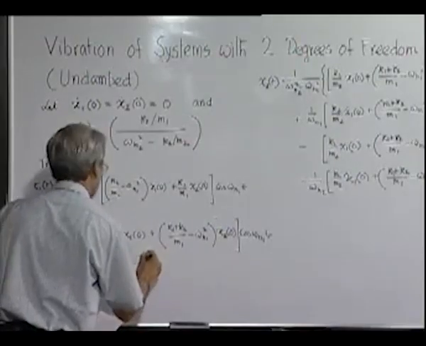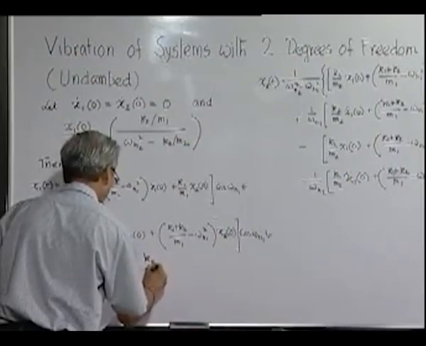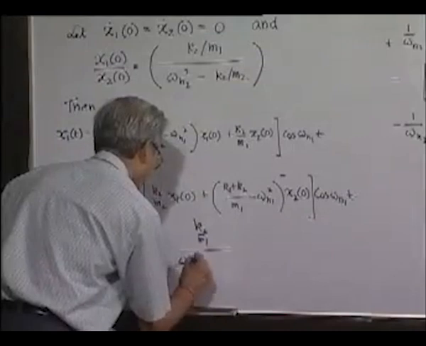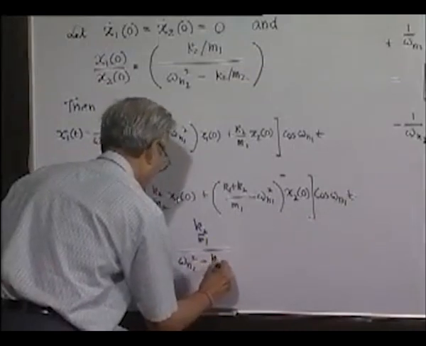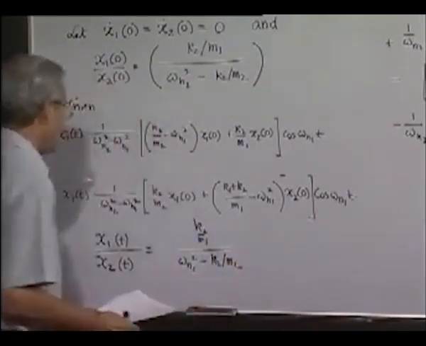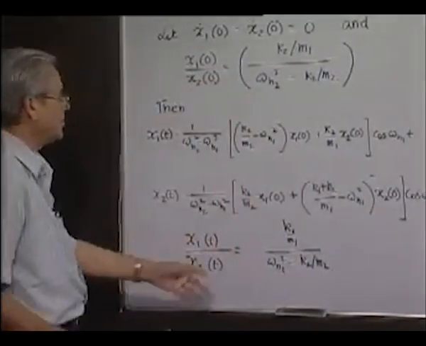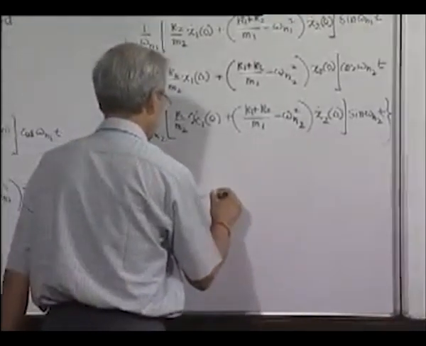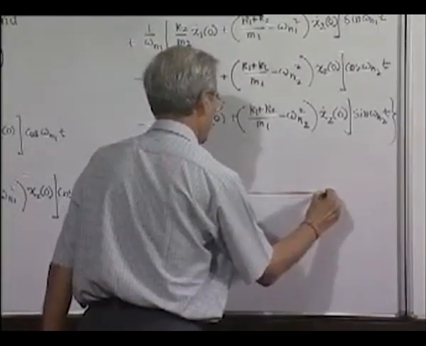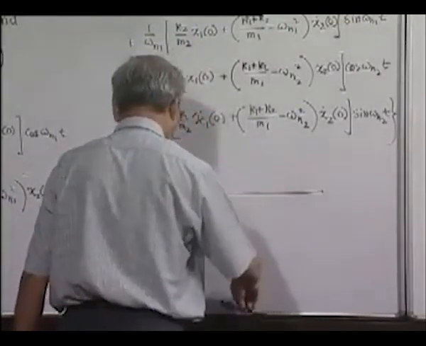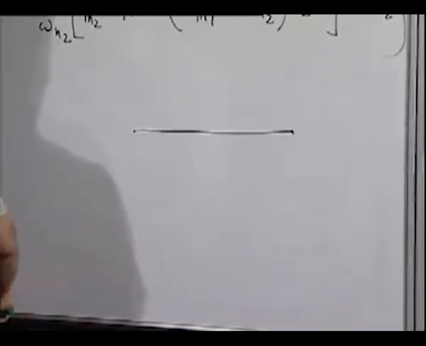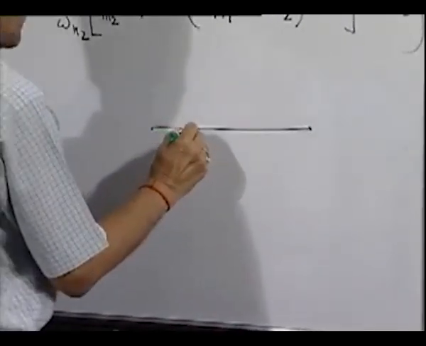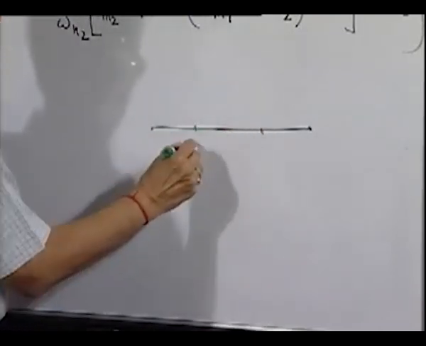But to excite this mode of oscillation, we have to give the initial disturbance like this, and we can show that all along this x1 by x2, this ratio will remain same as this, that is minus k2 by m1. So whatever ratio I gave, that ratio remains.